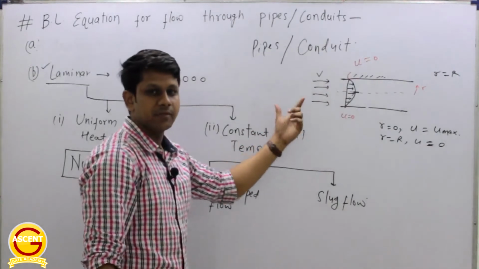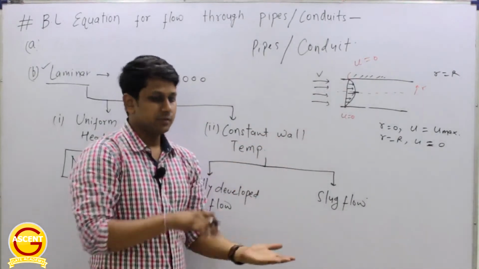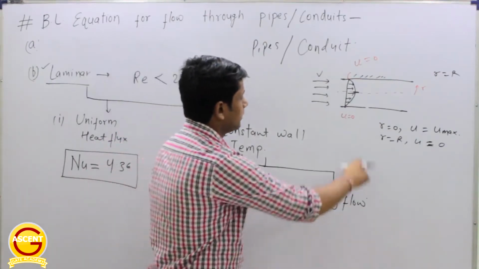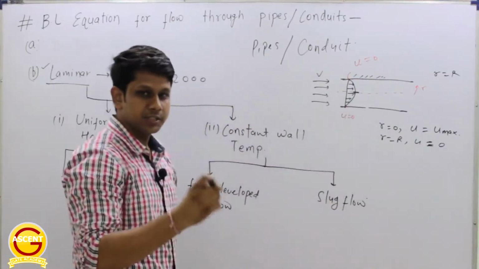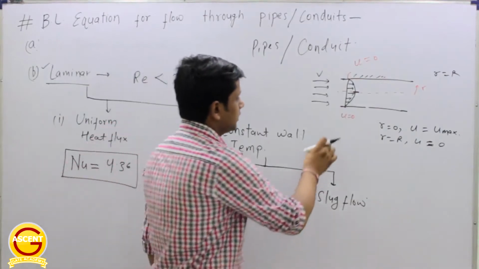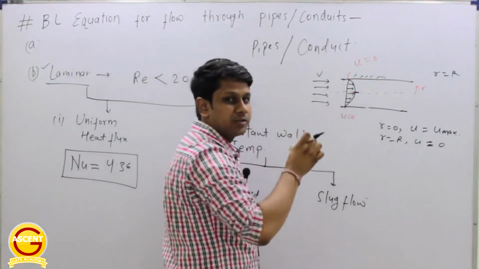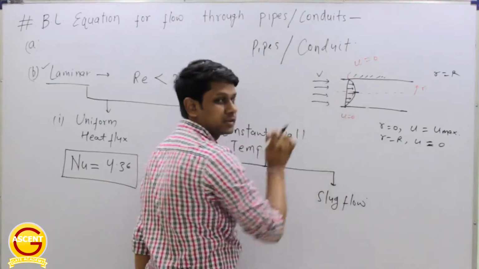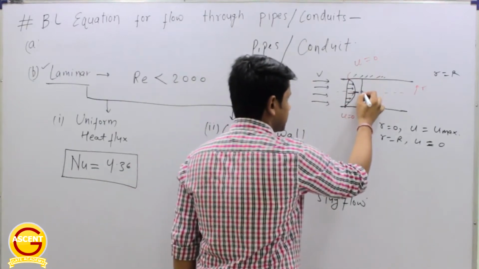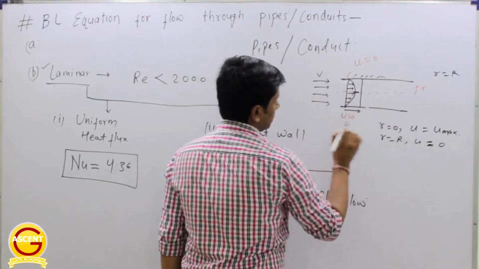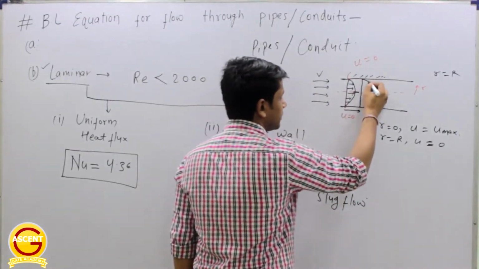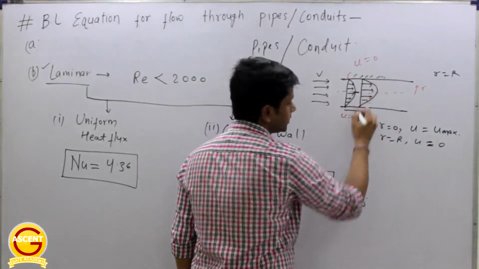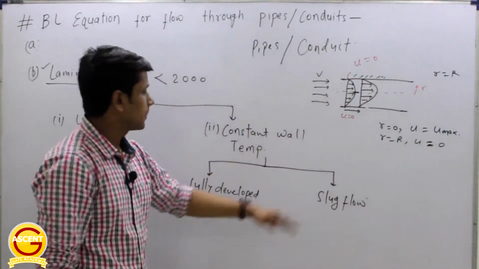So same case that we have discussed in plate also, flow through plate or flow through flat surface, right. But what happens due to inertia effects and viscous effects, this velocity profile gradually develops itself, right. So let us say at this location this velocity profile was like this, then somewhere farther in this pipe this velocity profile may be like this, right, because it is trying to overcome the inertia.